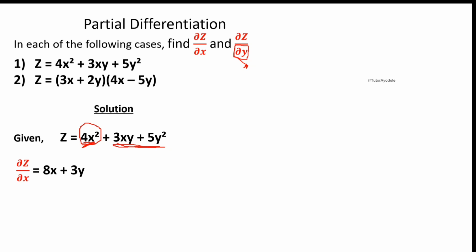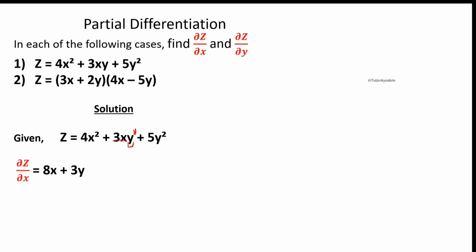Now, if I'm to differentiate this, mind you, I'm differentiating with respect to y, right? So I will keep this 3x constant. You understand? I'll keep this 3x constant. If I differentiate this y, this is like y raised to power of 1, right?